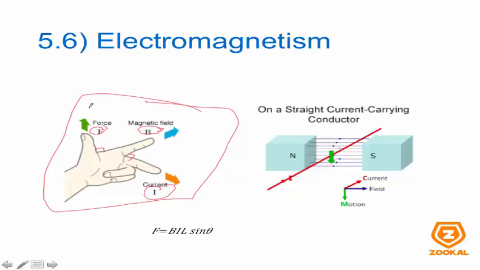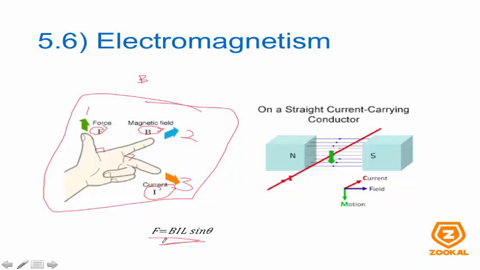So when you count 1, 2, 3, remember it as FBI. B is used because for the symbols, B represents magnetic field, I represents current, and F is force.